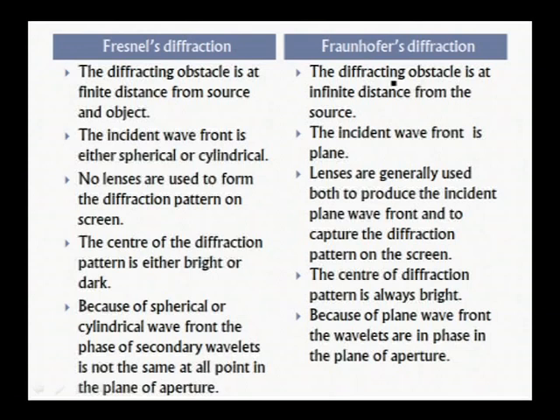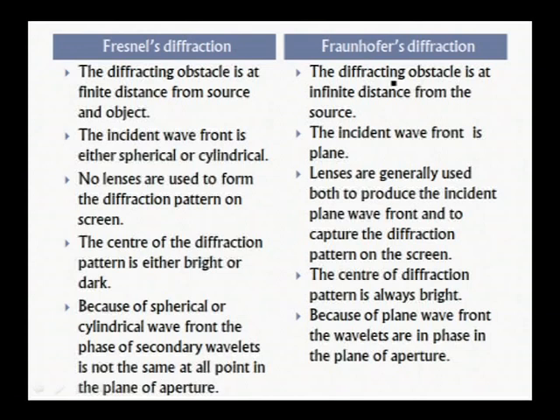Now whereas in case of Fraunhofer diffraction, the incident light should be a plane wave. Because the light has to travel from far away, at an infinite distance, the light may not be either spherical or cylindrical; it is nothing but plane waves.